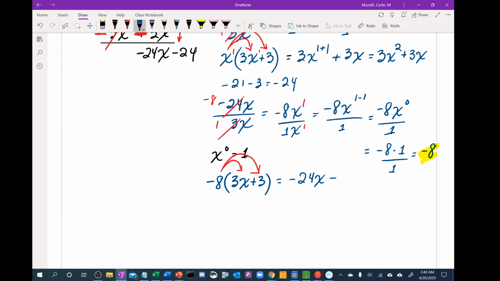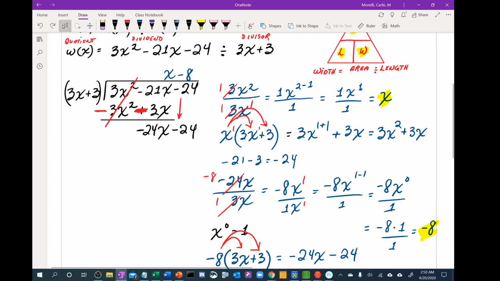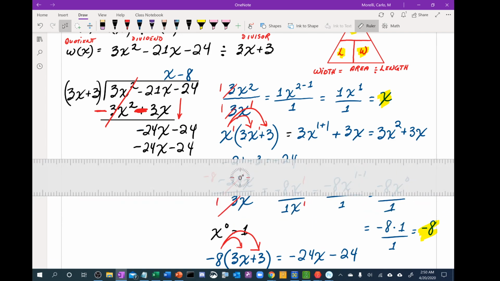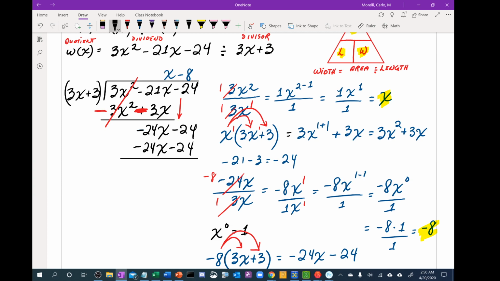Negative 8 times 3 is negative 24. You write this term right here, okay? So we're going to write negative 24x minus 24, and then we're going to draw a line and change the signs. We change this sign to positive, and we change this sign to positive.